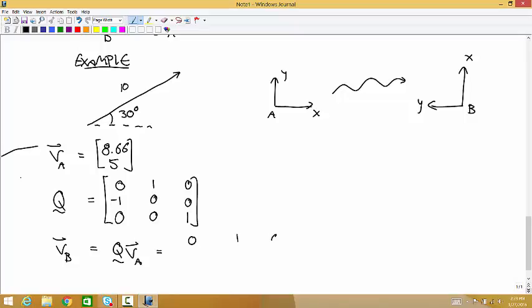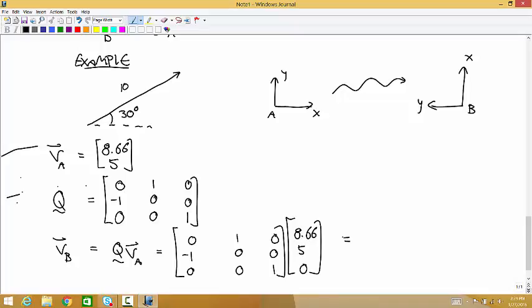So 0, 1, 0, -1, 0, 0, 0, 0, 1 times 8.66, 5, 0. And so you get 5, -8.66, 0.